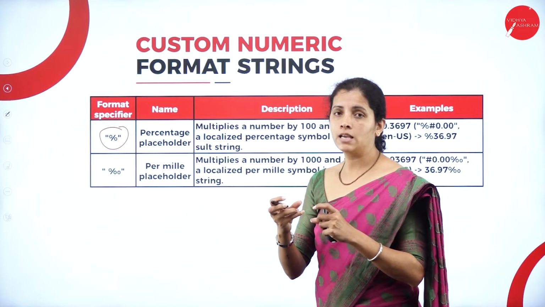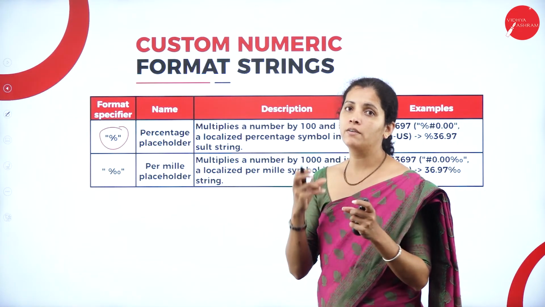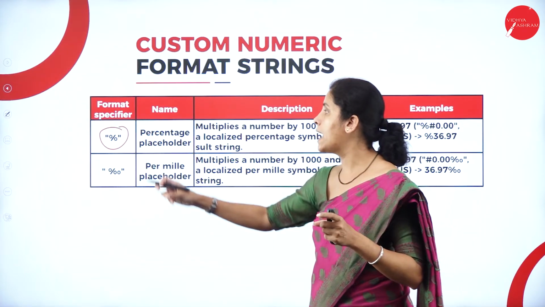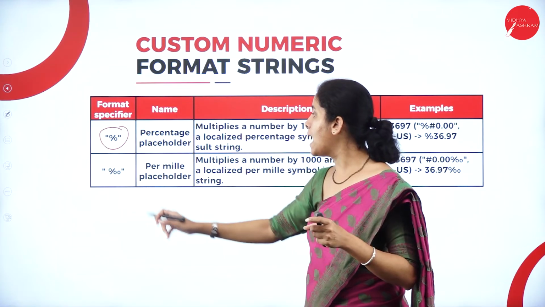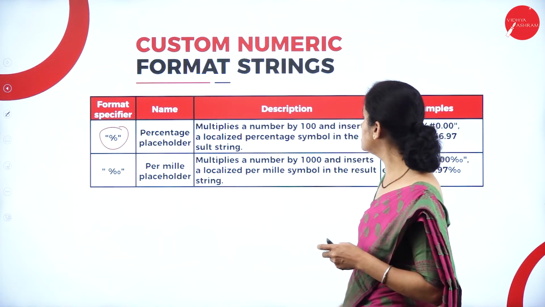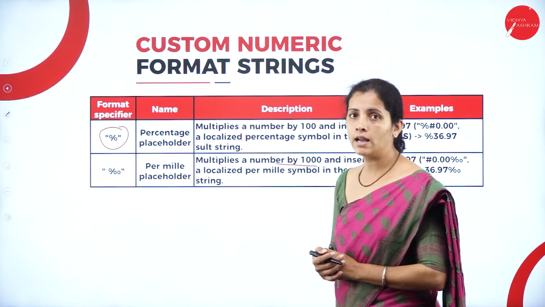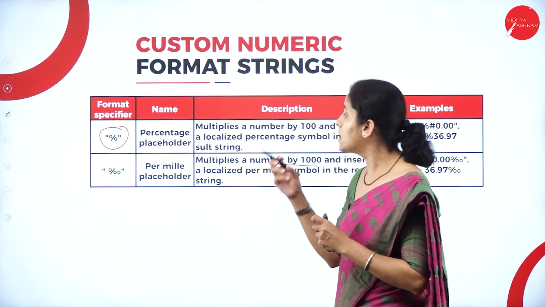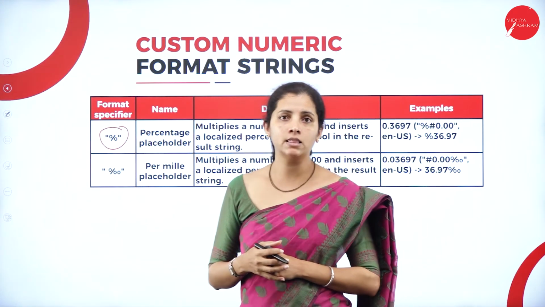Think that I have some input. Now I want to represent that input in the form of percentage, then I have the percentage placeholder. And the per mille placeholder multiplies a number by 1000. Suppose if I want to convert, I'm going to multiply that number by 1000.